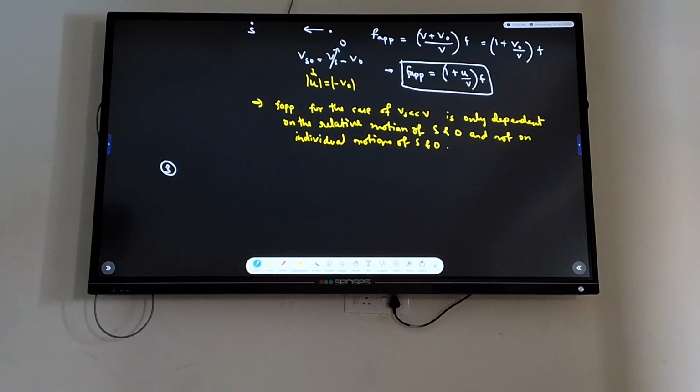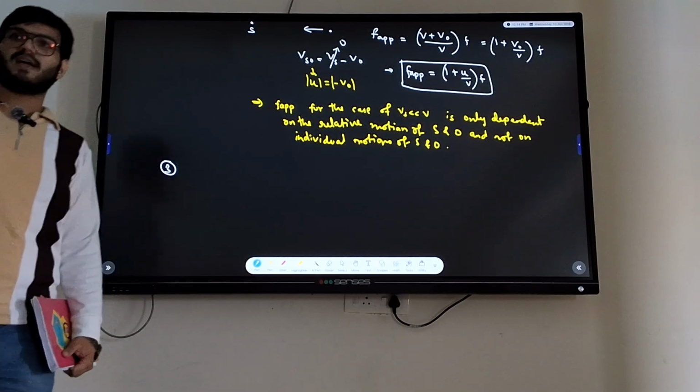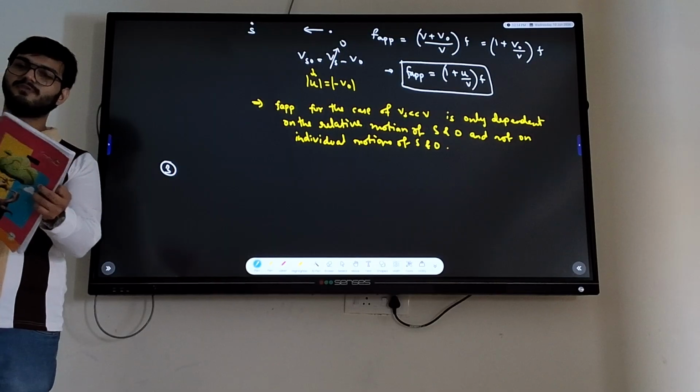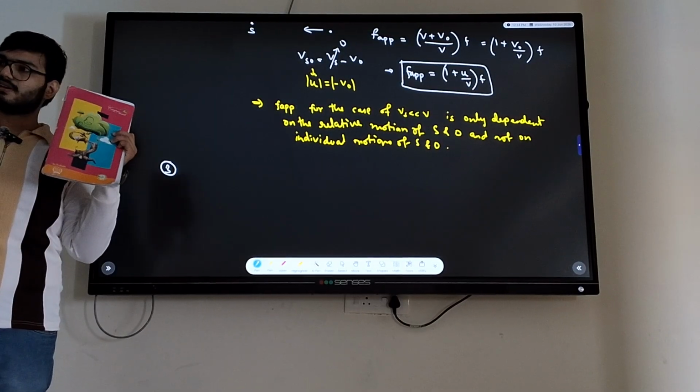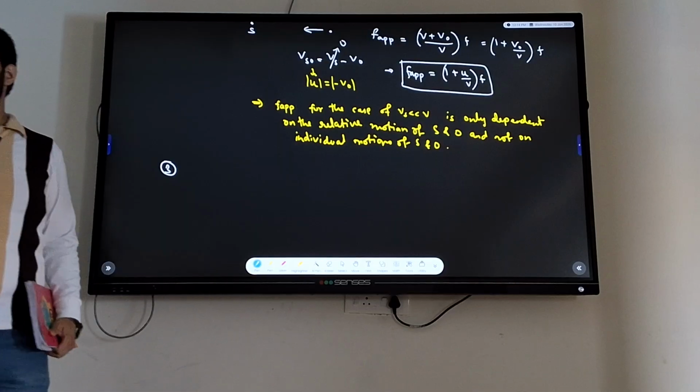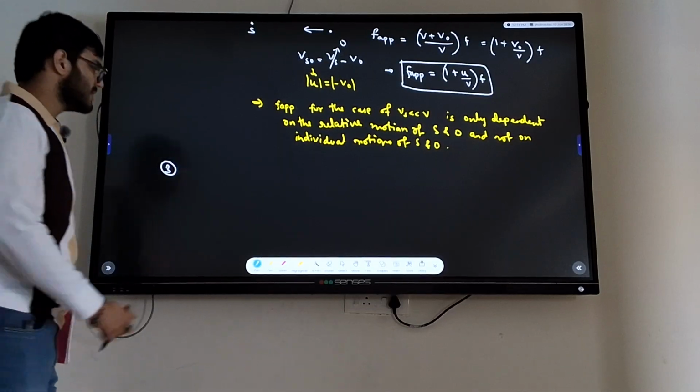No? Once you have the velocities, then you don't have to care about how close the ambulance is or how far away the ambulance is. As soon as it starts moving towards you, the frequency that you will hear is going to be the same. Why will it be the same? Can somebody tell me that?